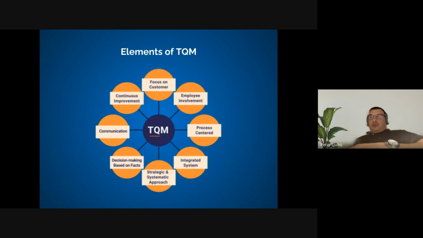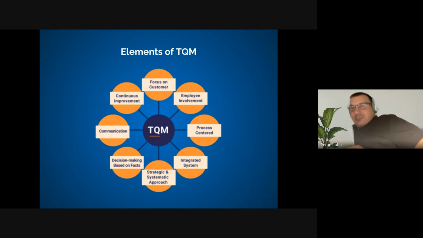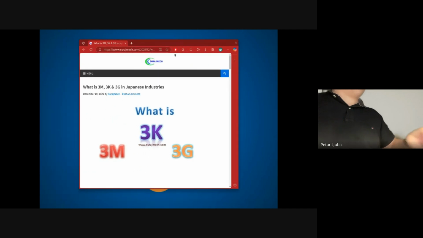You know those 3G models they're using in Japan, like Genba, Gembutsu, and one other? It's a famous system they use for quality. Honda is using it. It's a famous system, everyone. I will show you. It's in the book, in Unit 2. Okay, go to Unit 2.